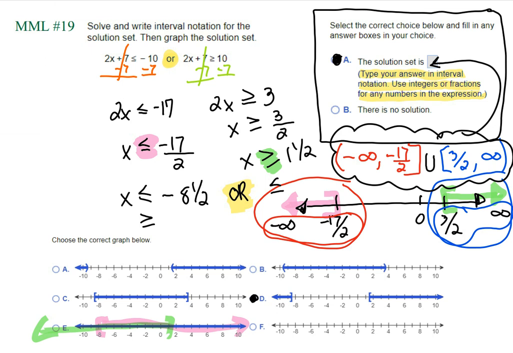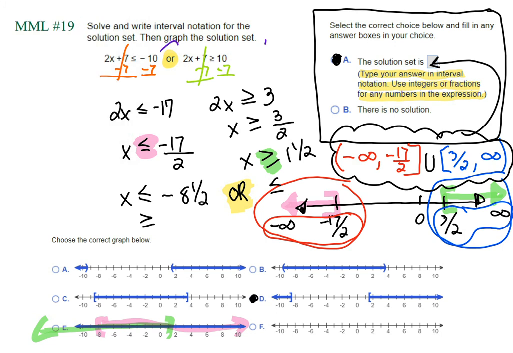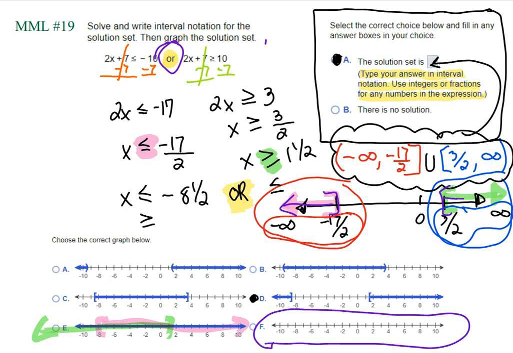When you have an and, ands are usually in-betweenies. So if this, let me go with, how about purple? Right here, if they had said and instead of or, then your answer would have been this one, because the pink is going to the left, and I'm looking back at my original graph I drew for you. The pink is going to the left right here, and the green is going to the right.